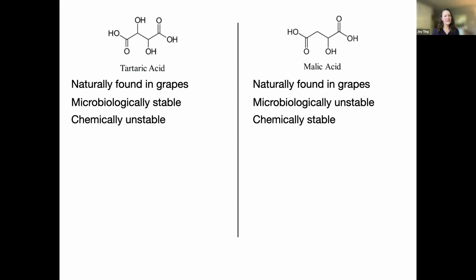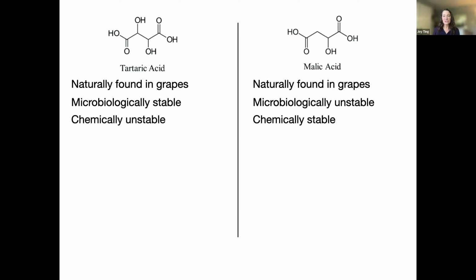But we also have to remember that tartaric acid is not chemically stable, whereas malic acid is. Especially here in Virginia, where we have high potassium levels in our juices and wines, our tartaric acid is going to interact with potassium in the juice and sometimes precipitate out, particularly as fermentation proceeds.